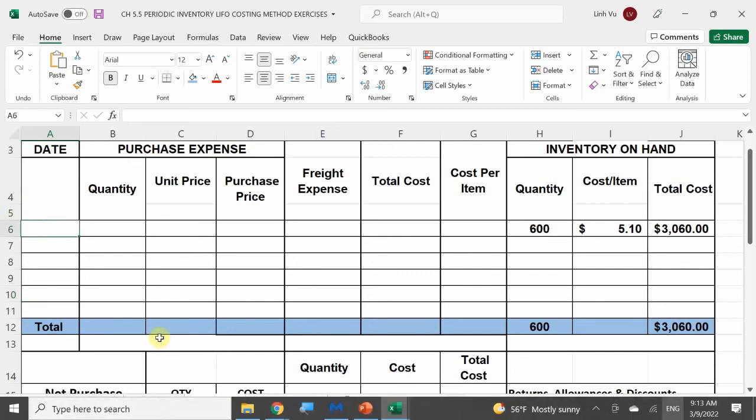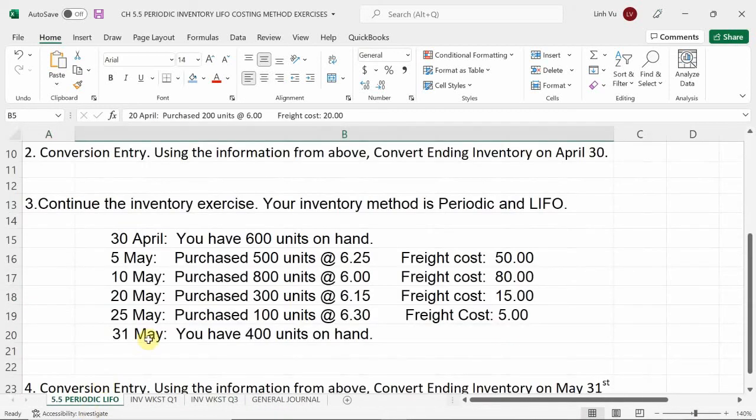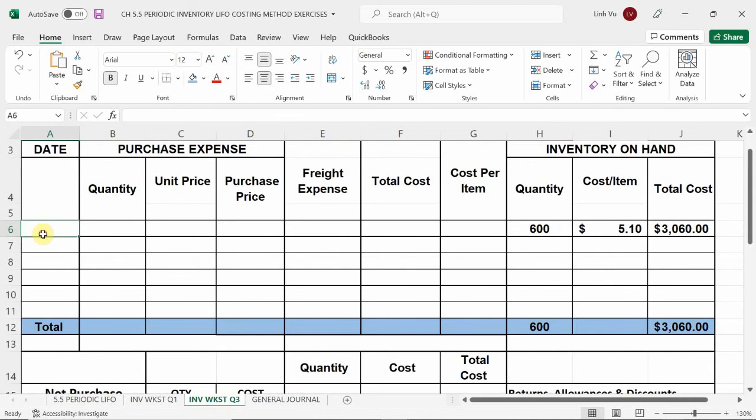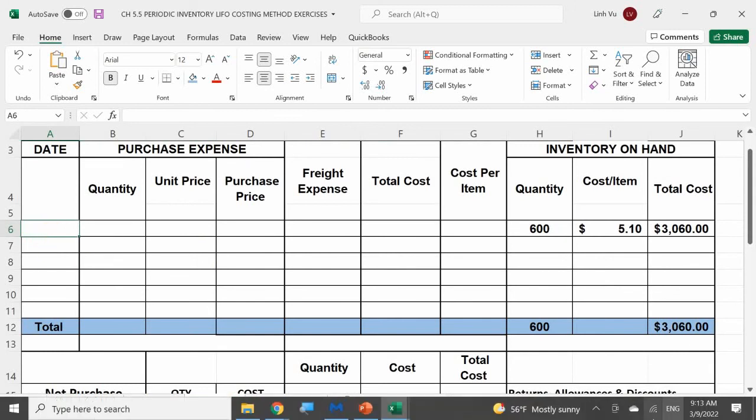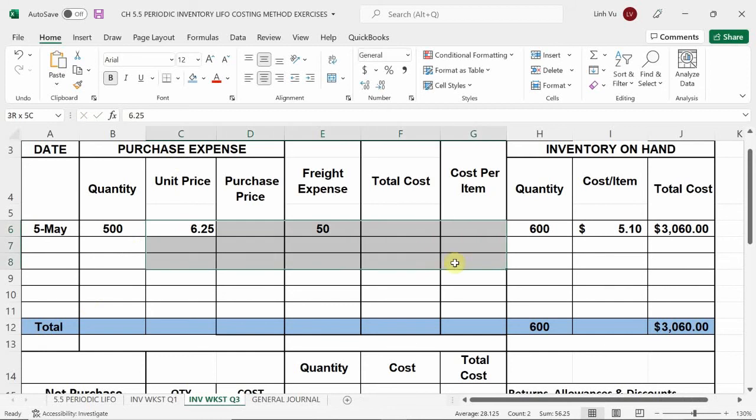So now that I plugged in my beginning inventory, I now need to plug in my total purchases. On May 5th, we purchased 500 units at $6.25 each with a freight of 50. So, second inventory worksheet: May 5th, we purchased 500 units at $6.25 each with a freight of 50.